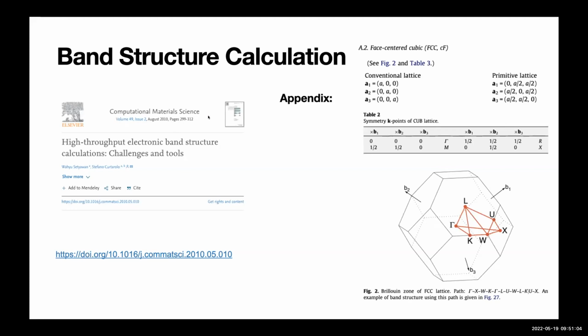You can search for this literature, preferably download the PDF, and in the appendix section you'll find information like this on the right. In this case, I am showing a diamond result. We saw before, or actually I didn't show you, but I'm telling you, diamond has a Pearson symbol of cF8.